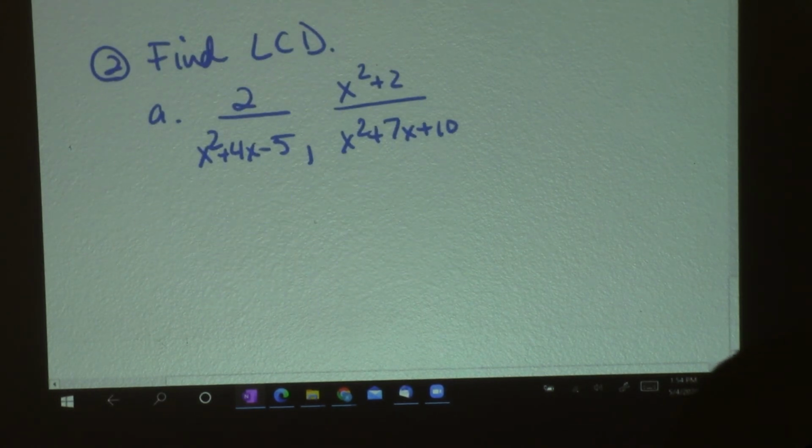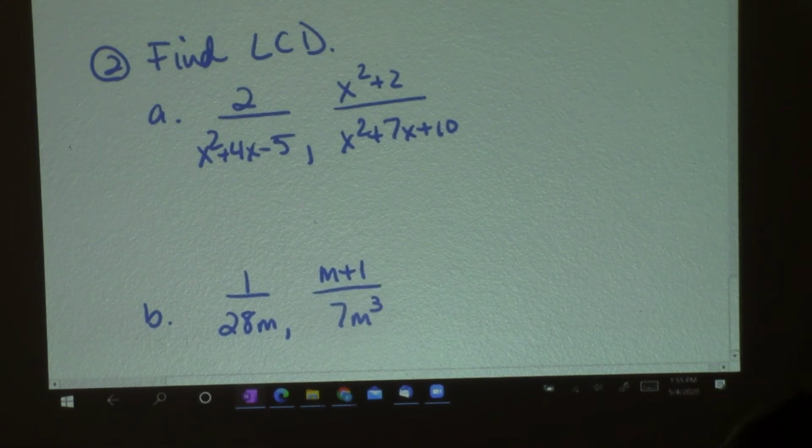All right, and then for B, 1 over 28m and m plus 1 over 7m cubed. Okay, so go ahead, after you've written those down, pause the video, and we'll come back in just a minute and finish up.